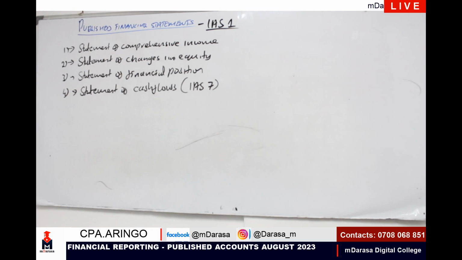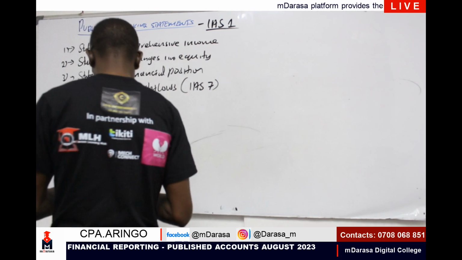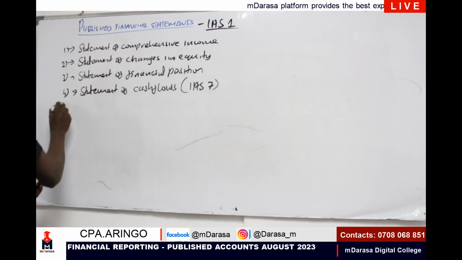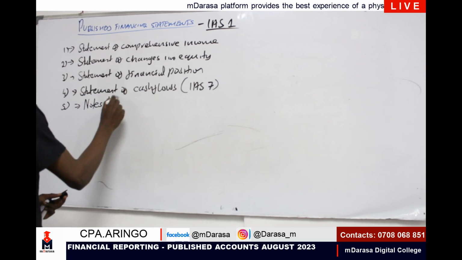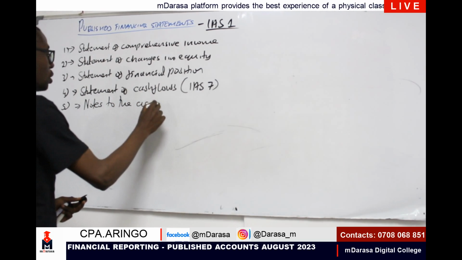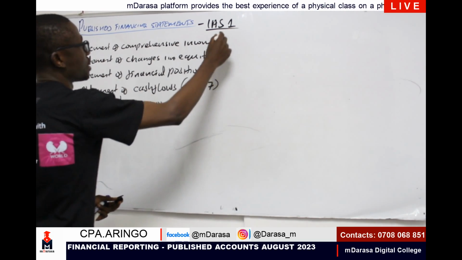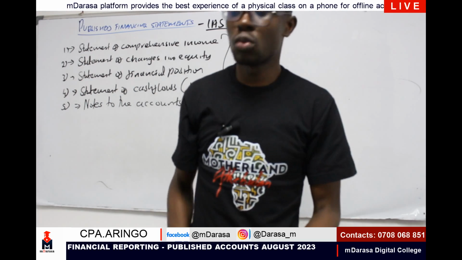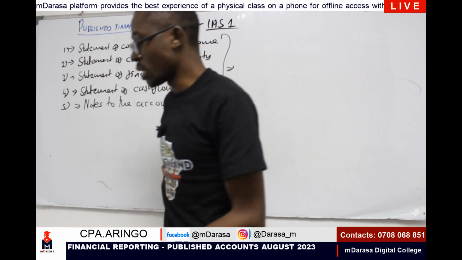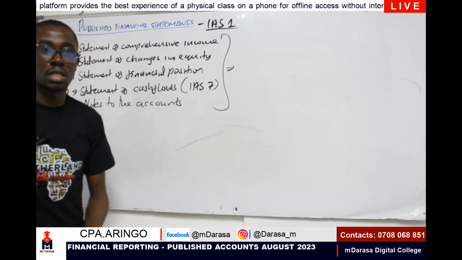What do the notes do? The notes will tell us that you have used certain principles of accounting in preparing whatever you prepared. So number 5 is the notes to the accounts. Generalizing all these items, these are what give us the published financial statements.